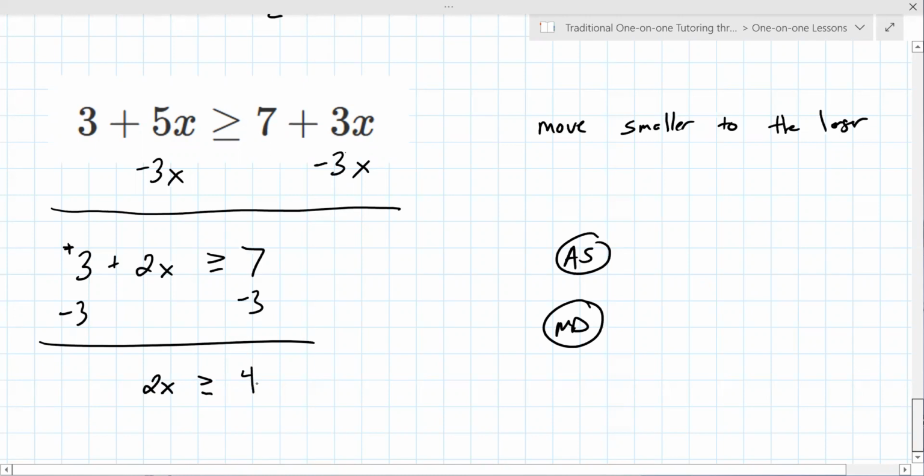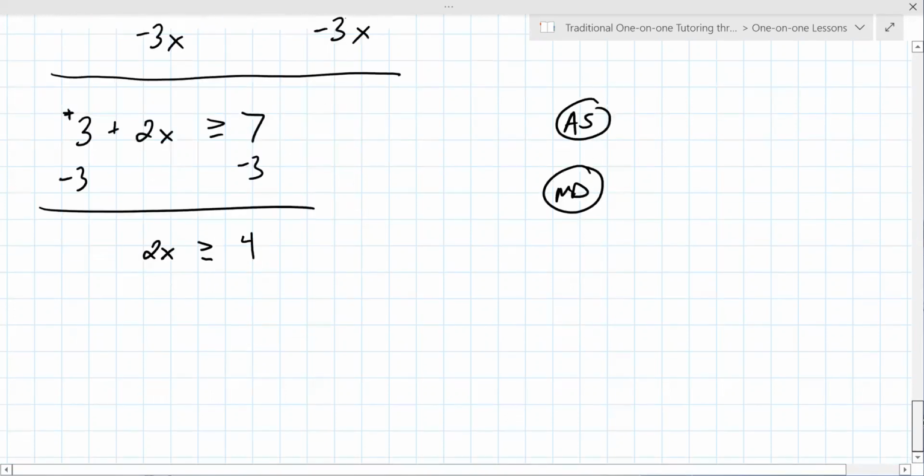Now what are you going to do to solve for x? Divide. Yes, what are you going to divide by? 2. Both sides by 2. Is 2 negative? No. No, so there's no change to the inequality.